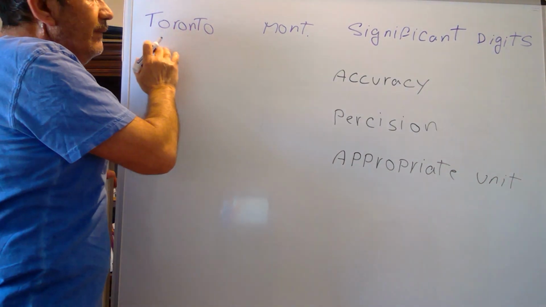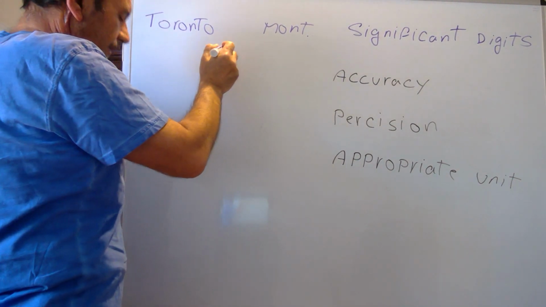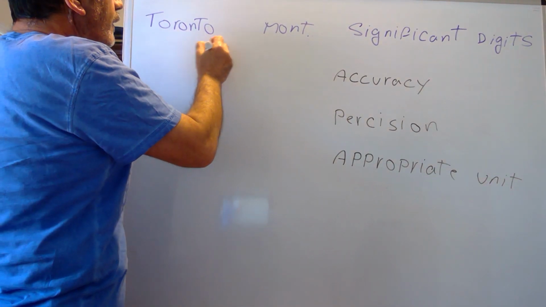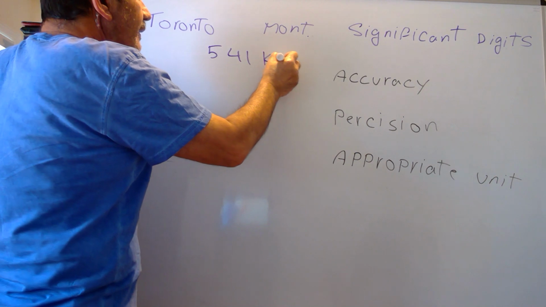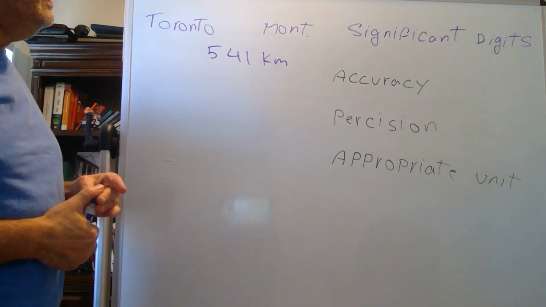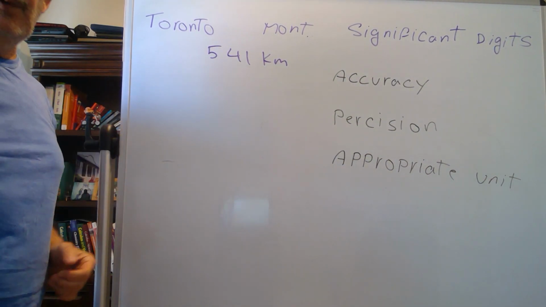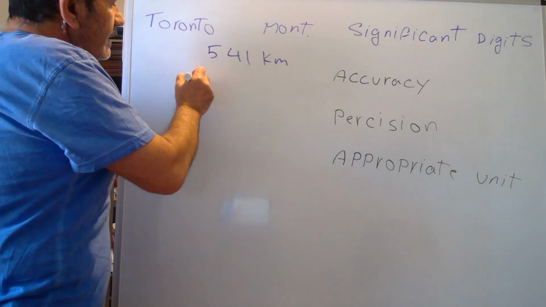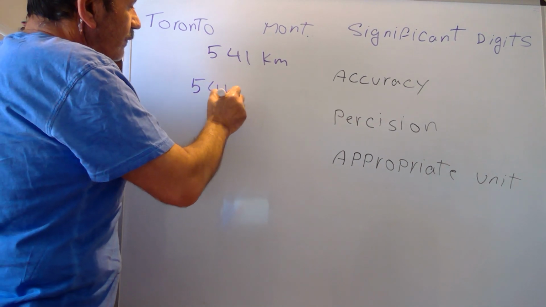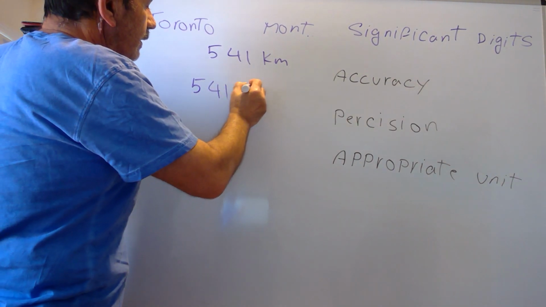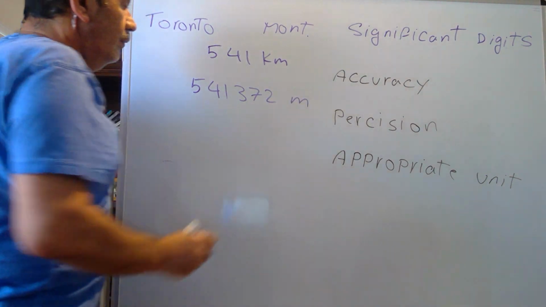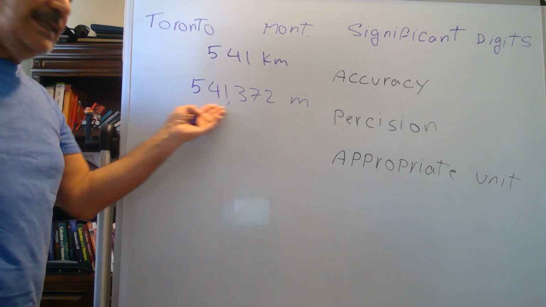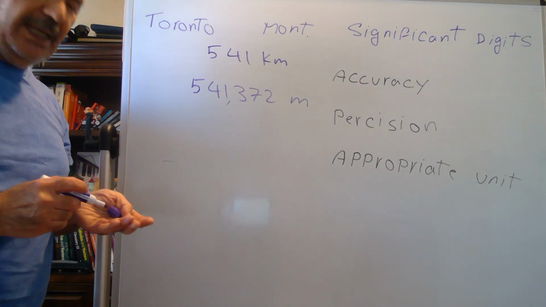The distance between these two cities is 541 kilometers. Can I say the distance between these two cities is 541 kilometers 372 meters, or 541,372 meters? Does this unit or this measurement make sense?